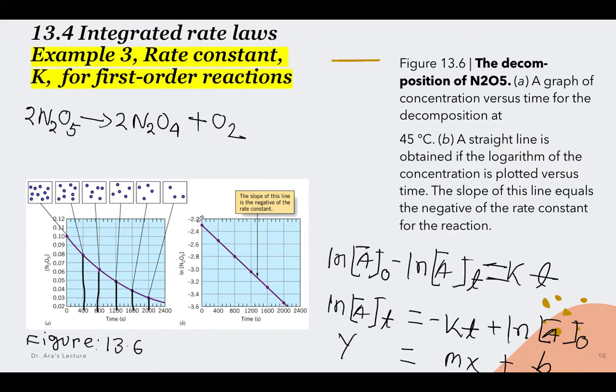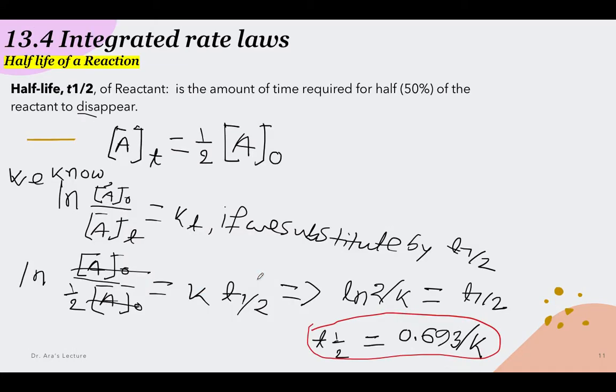If we plot the change of concentration over time, we will get a straight line when we plot the concentration versus time, and the slope of this line equals the negative of the rate constant. Here we can find it, and see, the slope value will come out negative.